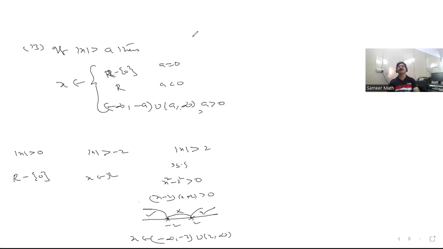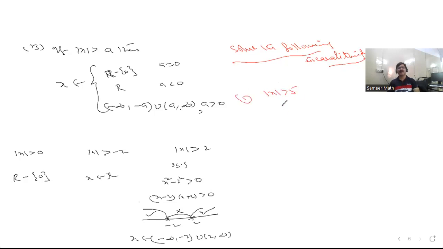For this rule also, I want to do some problems. Solve the following inequalities. Suppose I give mod x is greater than 5.